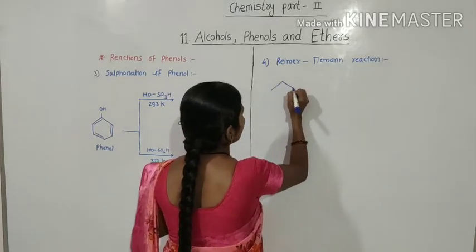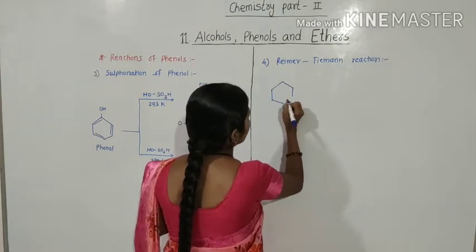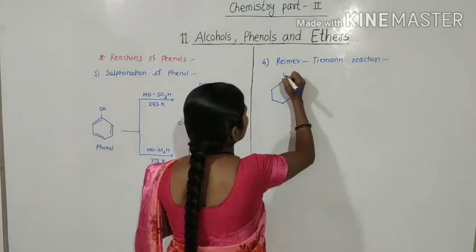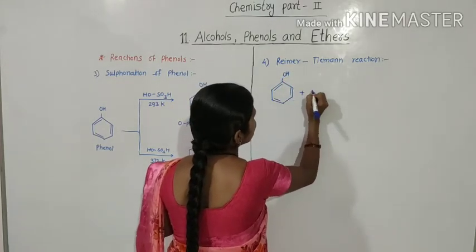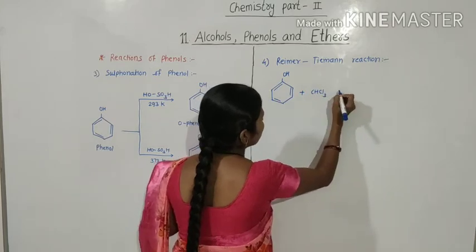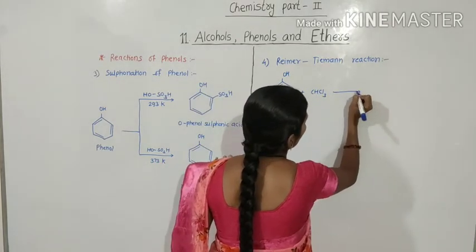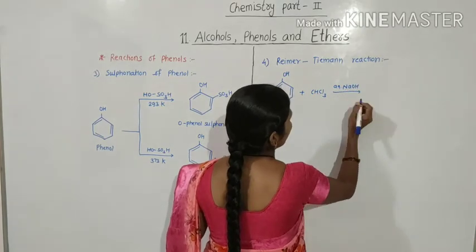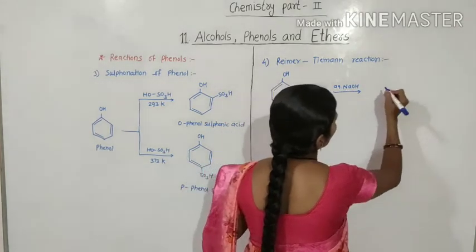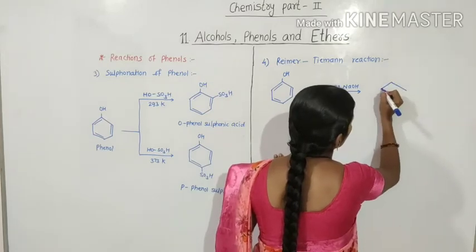Here phenol is treated with chloroform, CHCl3, with aqueous NaOH to form an intermediate.